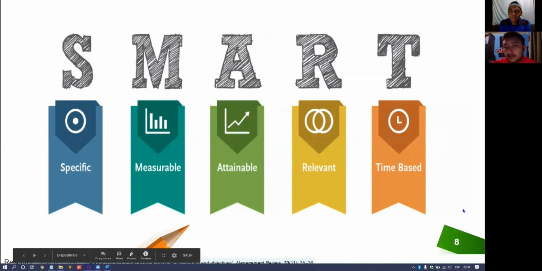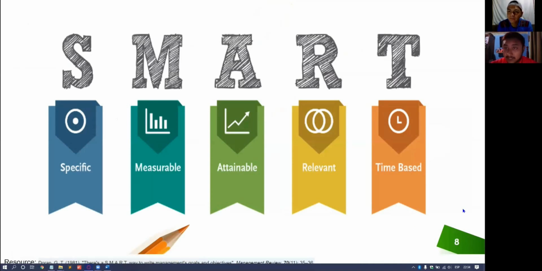Now, talking a little bit about what SMART means, we move through every single one of it, and I will ask you, Daniel, if you help me here, saying what the SMART stands for, please. Sure. S is for specific, M is for measurable, A is for attainable, R is for relevant, T is for time-based. Right, thank you.